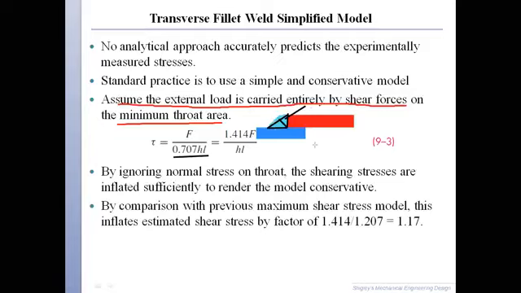What I'm saying here is that I'm not taking this whole thickness, बल्कि the minimum, at least the minimum throat area that I can have, and that will be 0.707 times H times L.